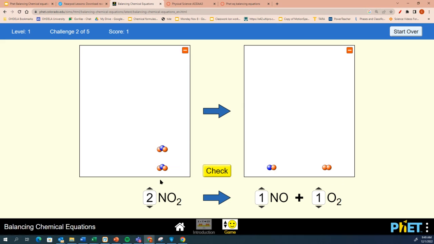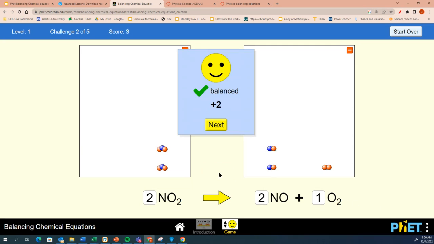Now I've got 4 oxygens and 2 N's, so I'm going to change this to see if I get the N's. Now I've got 2 N's here, and 1, 2, 3, 4 oxygens on each side. Yep. I can check that. I got it.